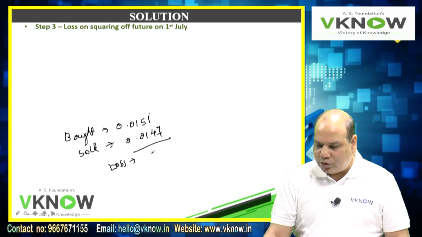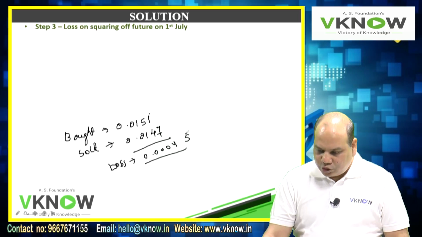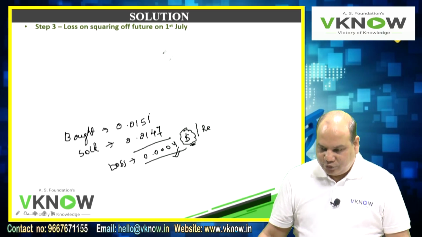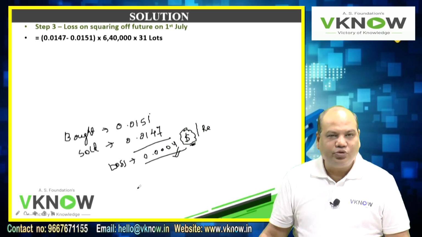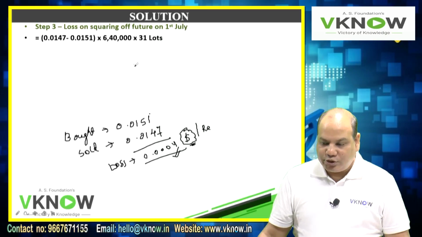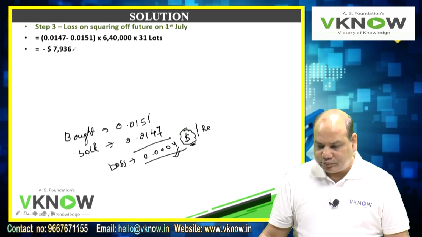So there is going to be a loss of 0.0004 dollar per rupee. This time the institute has changed this, and many students might have written profit, and therefore your whole answer of future will go wrong. If it was an 8-mark question, you might lose 4 marks.